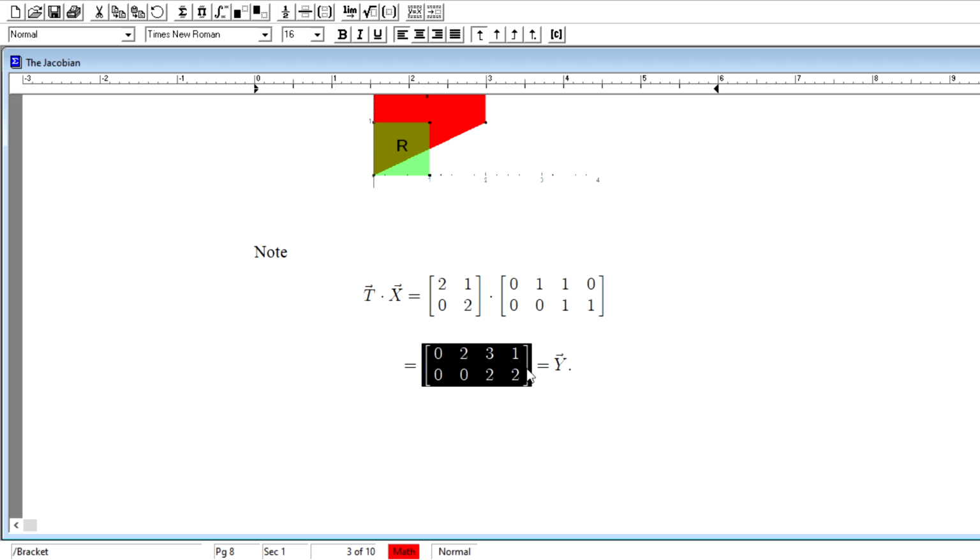The result will itself be a 2 by 4, defining these locations at 0, 0, 2, 0, 3, 2, and 1, 2.